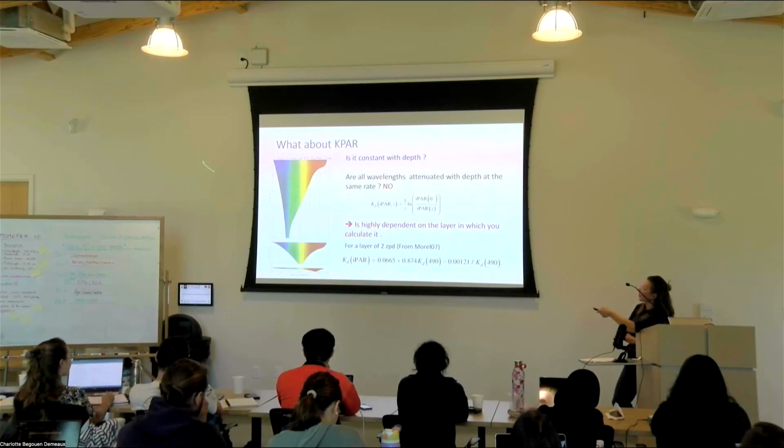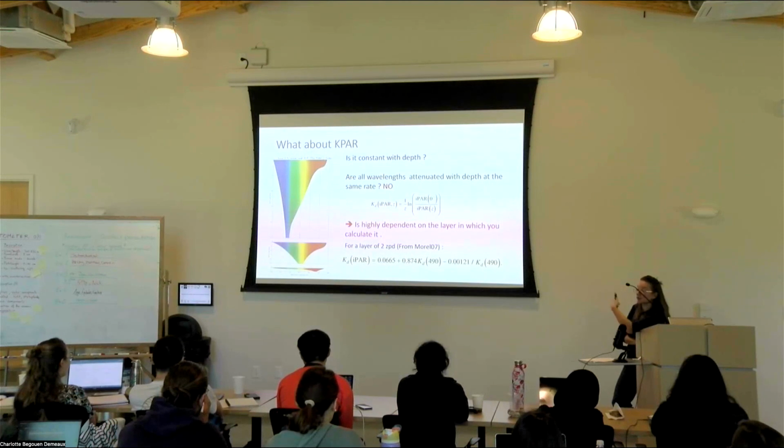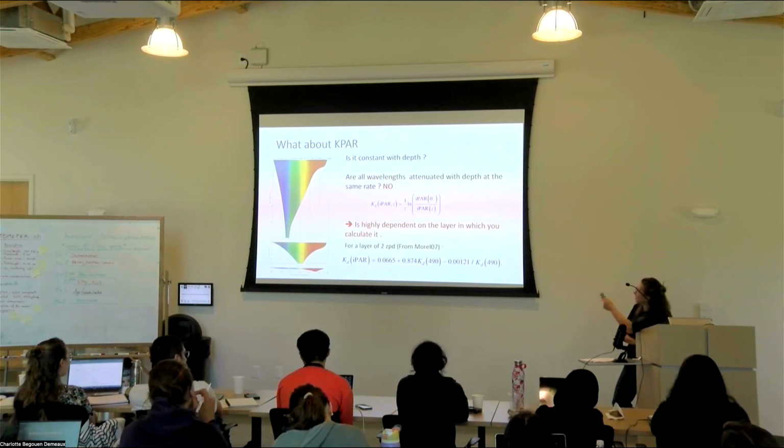But this K-par here doesn't represent the same thing for organisms living in the water than if I was here, right? Here, I still have red. Here, I no longer have any. So even if my K values are the same, they don't mean the same thing for things in the water. So that's something to be careful of.